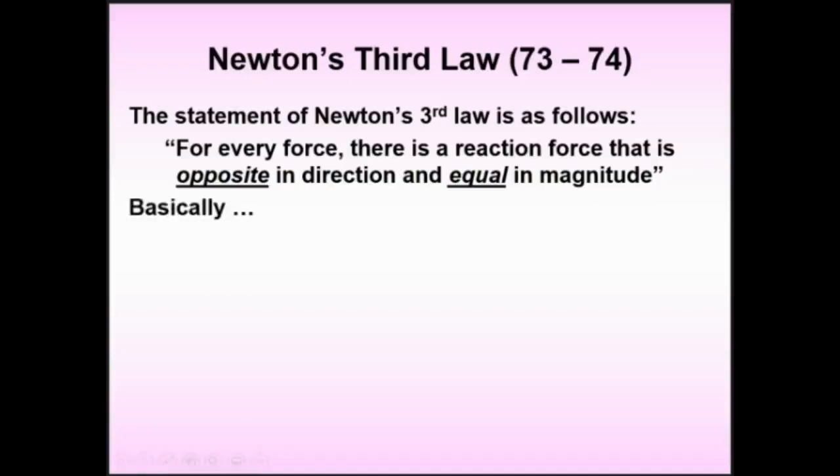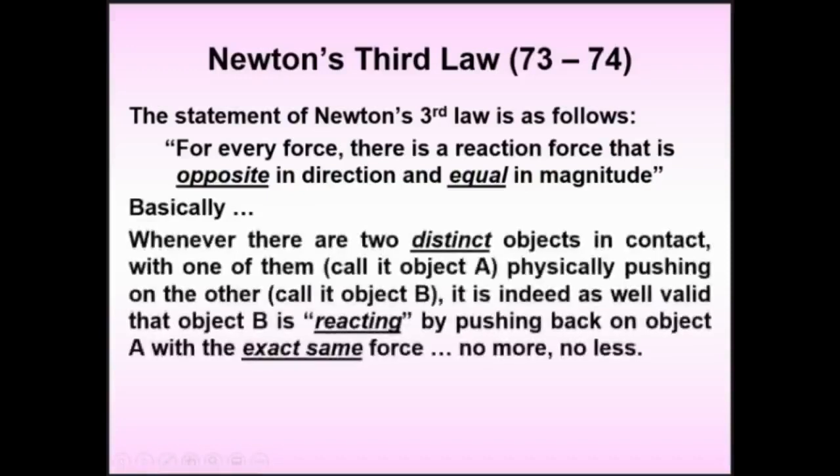Again, I'm going to show you videos and animations to actually explain what that is. First of all, the most important thing for the third law is that you always need how many distinct objects? Two, because one of them has to be pushing or pulling, neutral word, acting on the other.